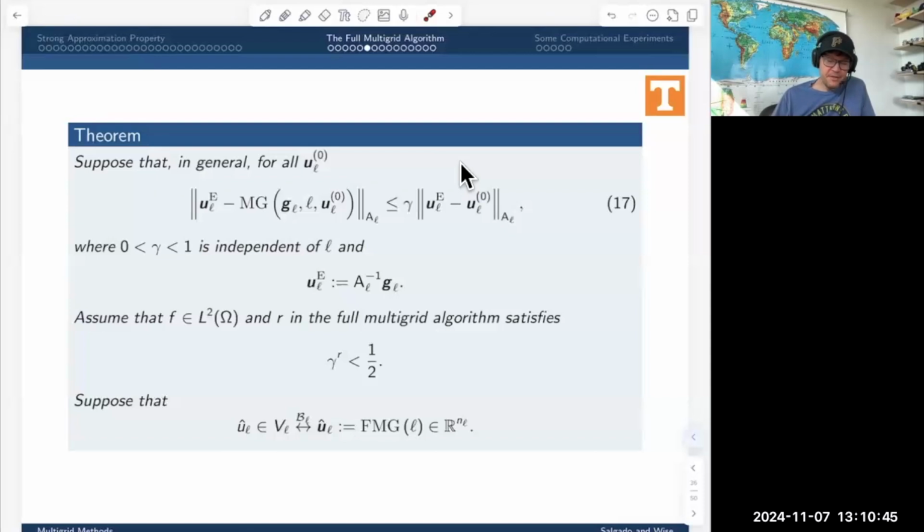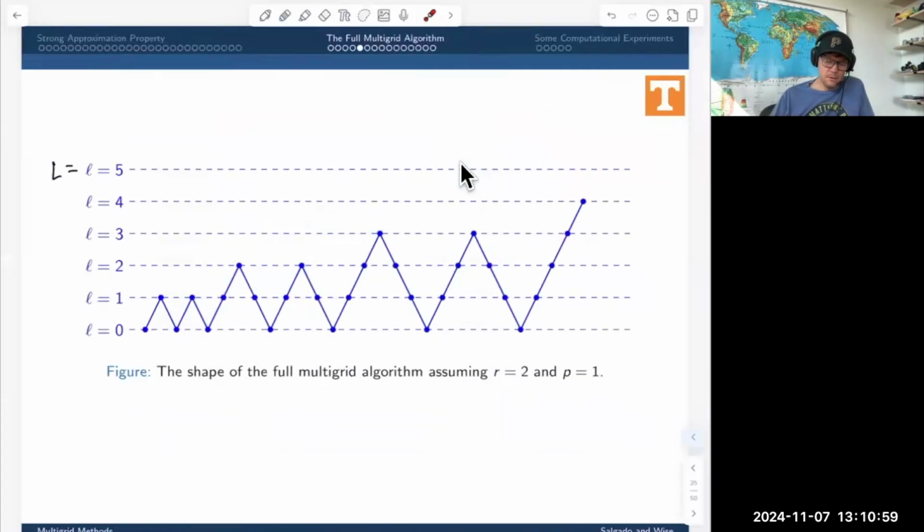Now we want to prove that this algorithm actually results in an approximation which is quite good. It gives us an approximation which is quite accurate, and r doesn't have to be that big to get a really good approximation.